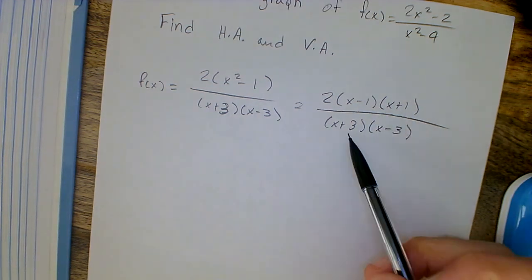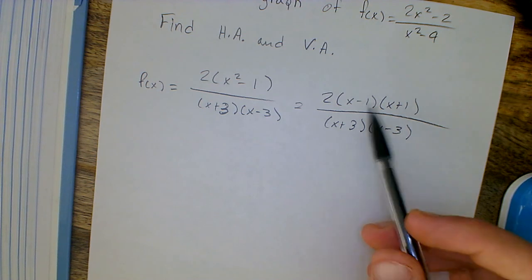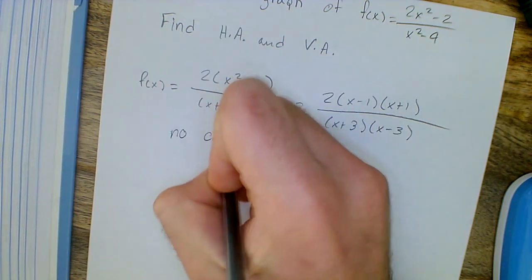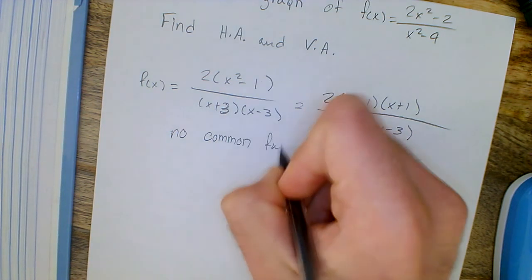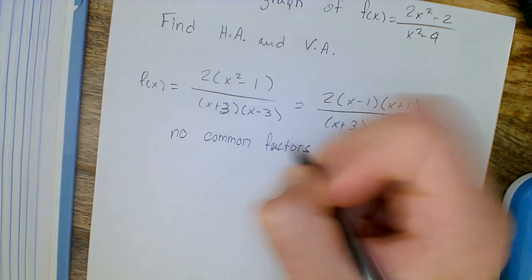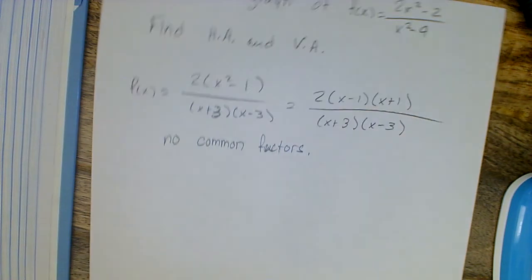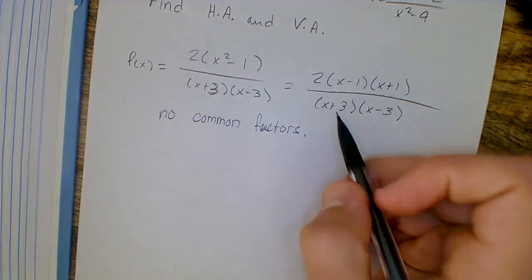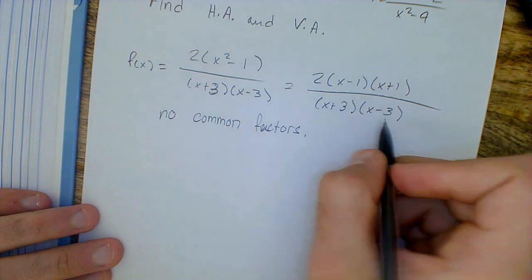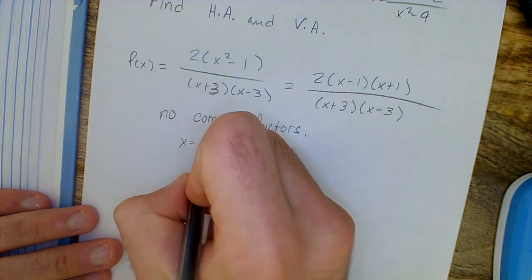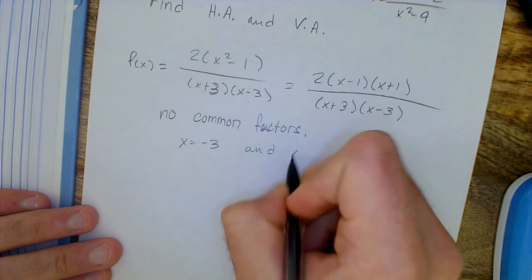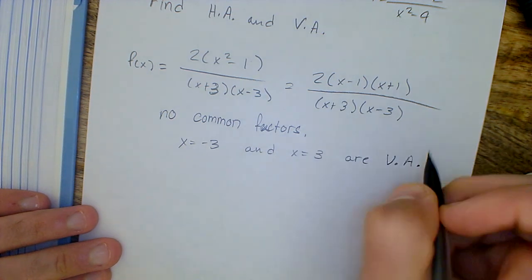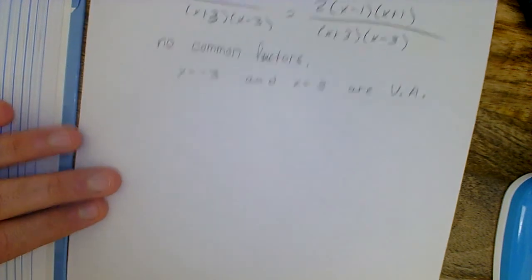To find the vertical asymptotes, we first check, are there any common factors that I can cancel out? Because those would be holes in the graph rather than vertical asymptotes. No common factors. All right, so by our vertical asymptote rule, x equals negative 3 and x equals 3 are vertical asymptotes.